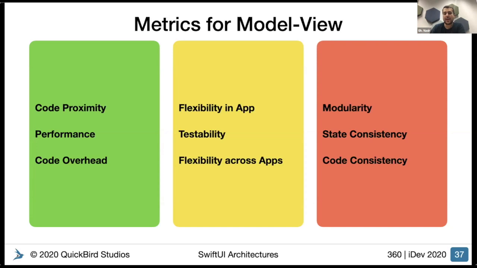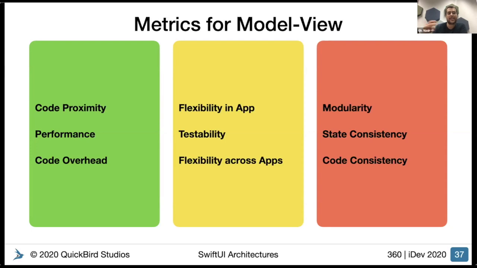Then we have this yellowish part, which means that there are positive sides, but also negative sides depending on the specific situation. So flexibility inside your app, so moving the view from one part of your app into another, is medium, because in some ways you can easily put the view somewhere else.